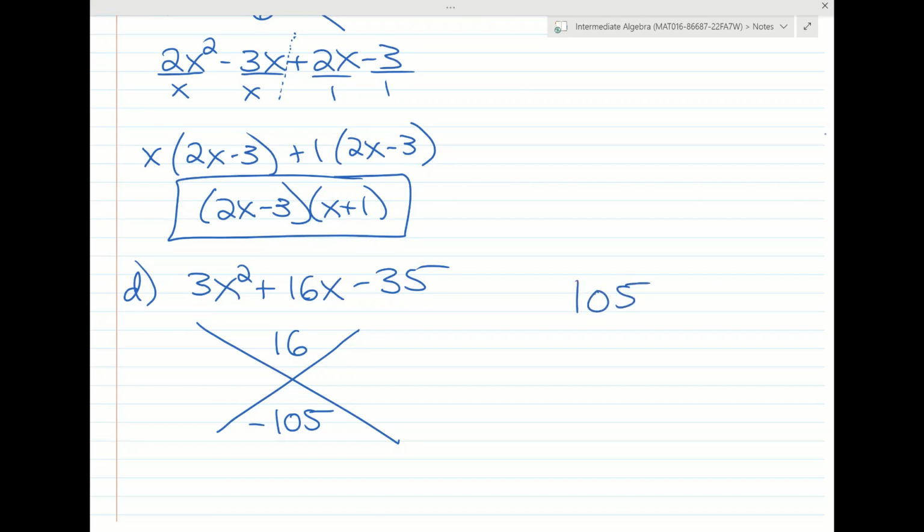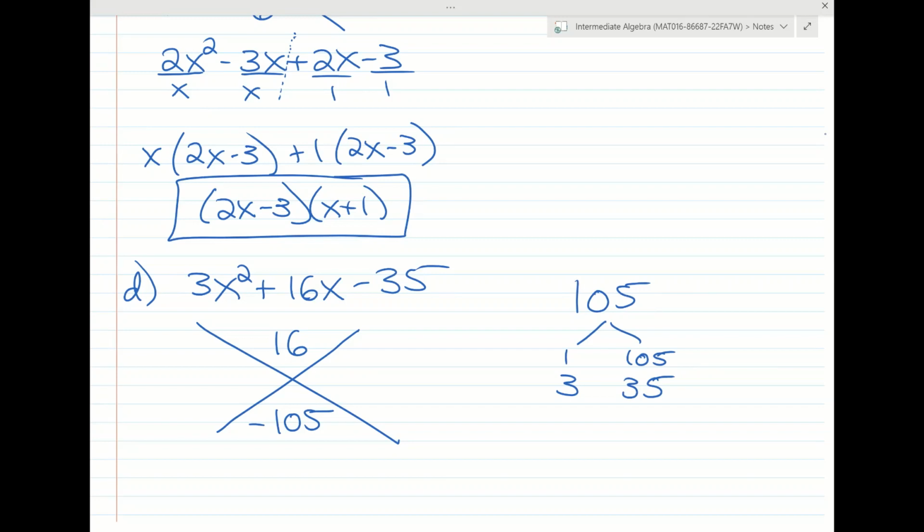But let's try to figure out numbers that multiply to be 105, and then we'll figure out how we can clean out of that. So we could definitely use 1 and 105. 2 doesn't go into 105. 3 does. 105 divided by 3 is 35.